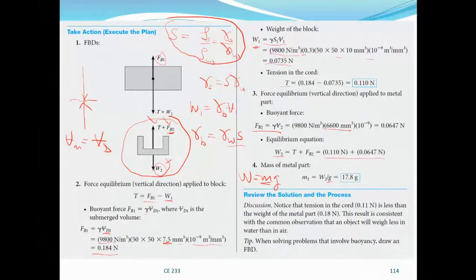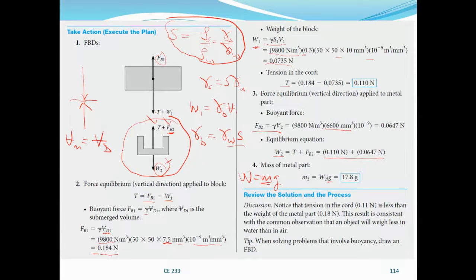So here it says, notice that the tension in the cord is 0.1 Newton and is less than the weight of the metal part. The weight of the metal part is 0.18 Newton. This result is consistent with the common observation that an object will weigh less in water than in air.